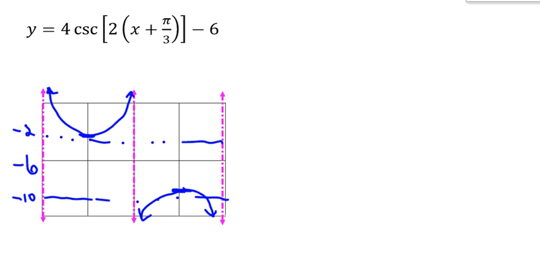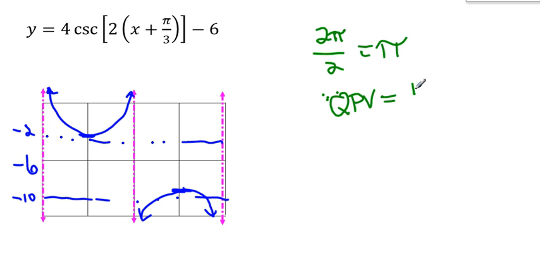Horizontally, let's look at what's happening with the period and the phase shift. The period is 2 pi divided by k, so that's pi. The quarter period value is pi over 4.